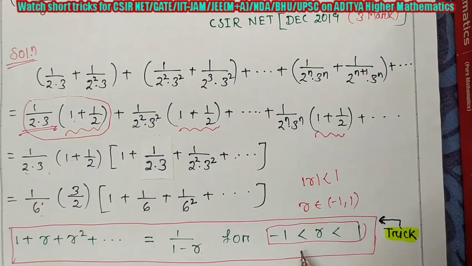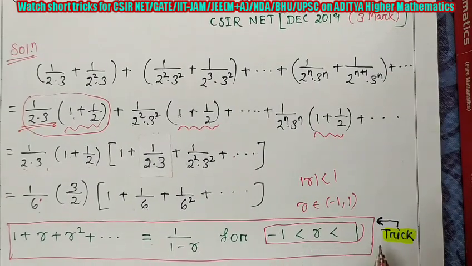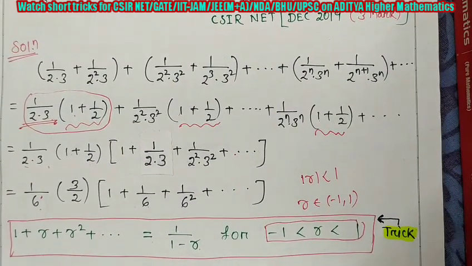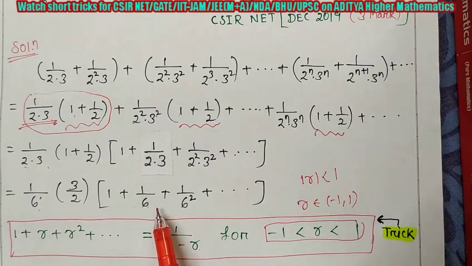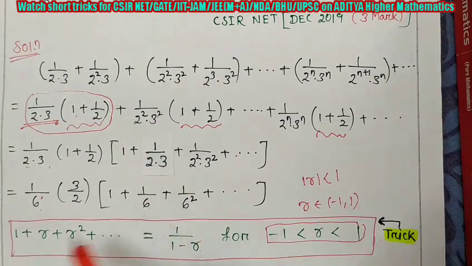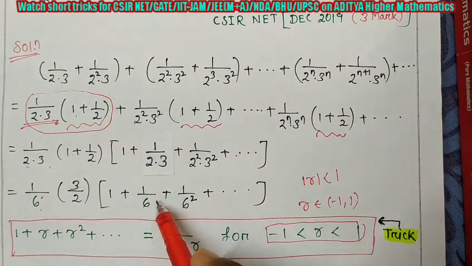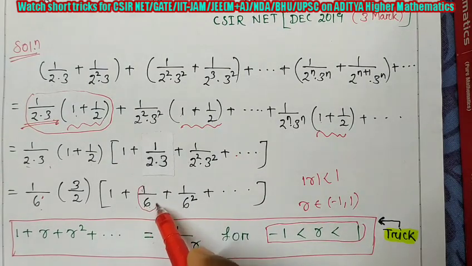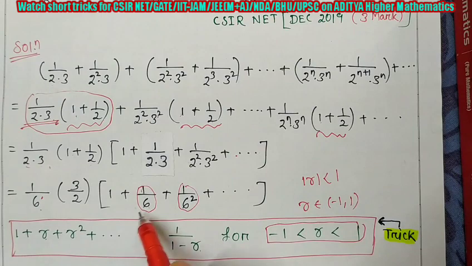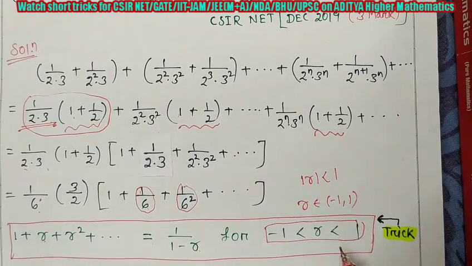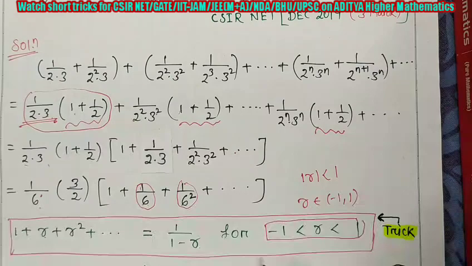So in that interval, first we will check whether the series we got satisfies this. You can see that if you compare r with the question, what we got is 1 by 6, 1 by 6 square. That means r value is 1 by 6. And you know that 1 by 6 lies between minus 1 and 1, so we can apply this formula.